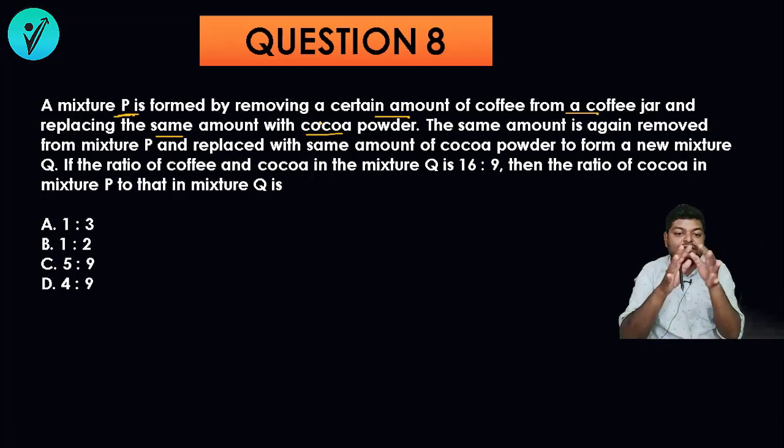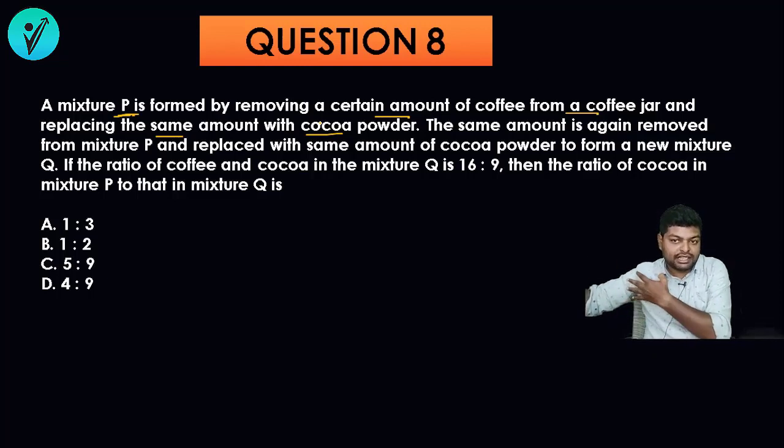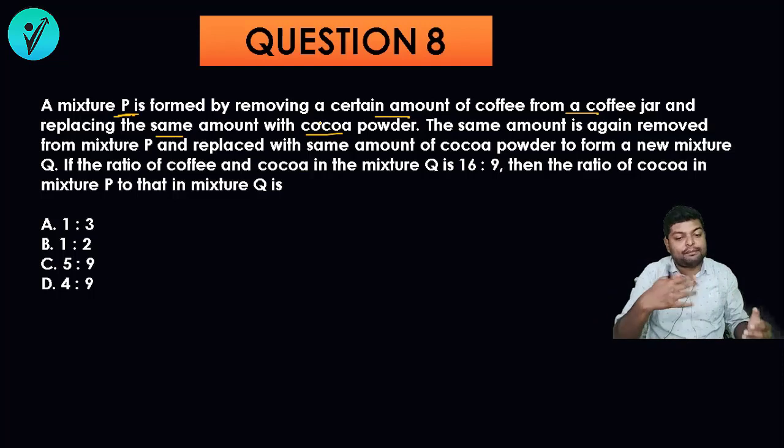So first of all, we have a pure coffee. From that pure coffee, first of all, we have formed mixture P. And from that mixture P, now we are forming mixture Q. So it's a question of removal and replacement. A same quantity is getting removed and replaced.